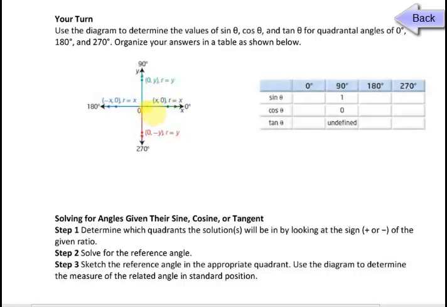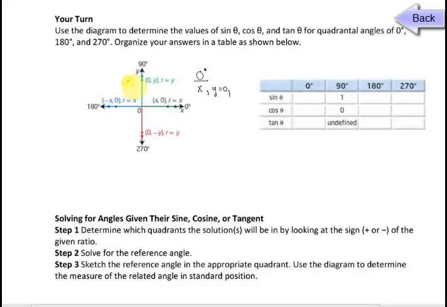And because we're on the positive x-axis, our value for x will be positive. So for our quadrantal angle of 0 degrees, we know that x is just going to be coordinate x, and we can see that y-coordinate will be 0.